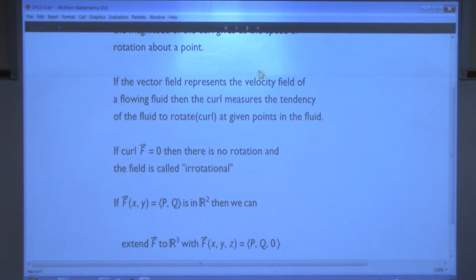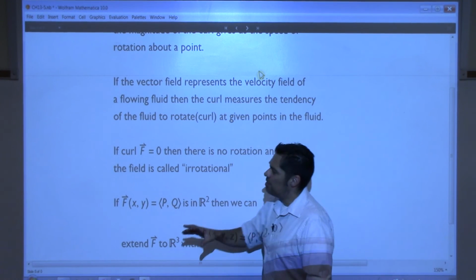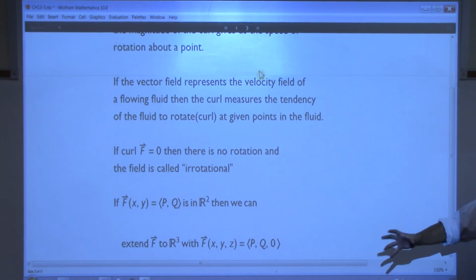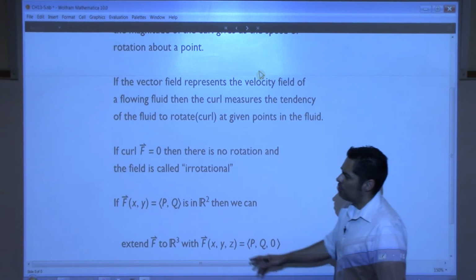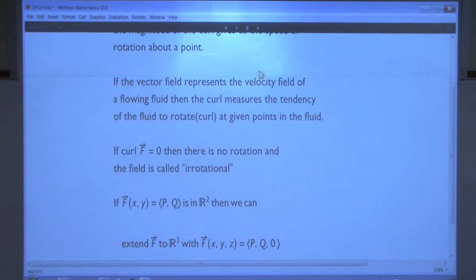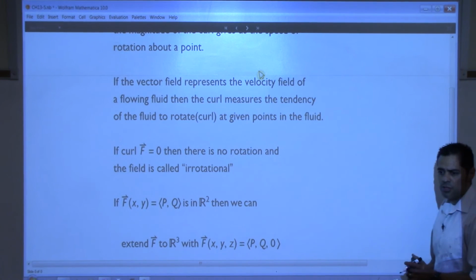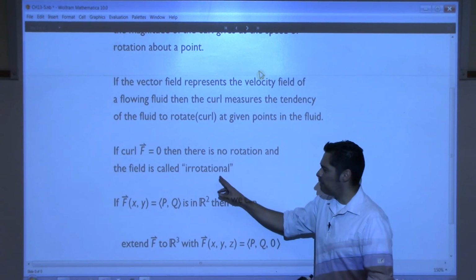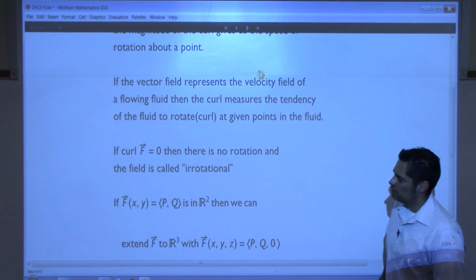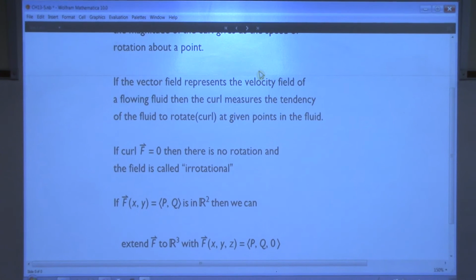But in fluid dynamics, this curl represents the tendency of the fluid to rotate, which is what I tried to already explain. If the curl of your vector field is 0, then there is no rotation, and the field is called irrotational. That word look familiar? I think that word's on your take-home test. Yeah, it is.